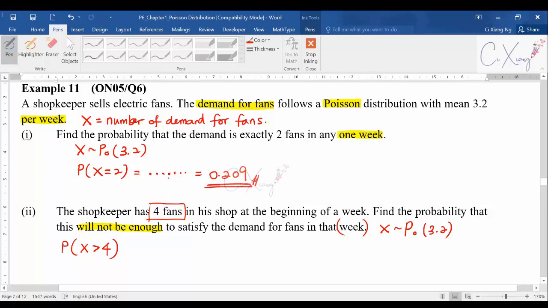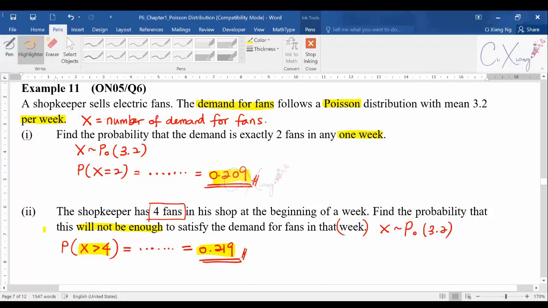So you need to calculate the probability for X greater than 4. The steps here, I will not show you how to do it. You do it on your own and you should get 0.219. All these are very easy, so I'll just leave it for you. Just for this one, X greater than 4, you need to think a little bit more, because X is the number of demand. If the demand is more than the supply, it should be X more than 4.